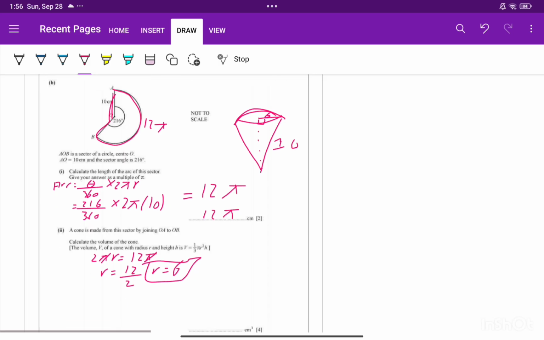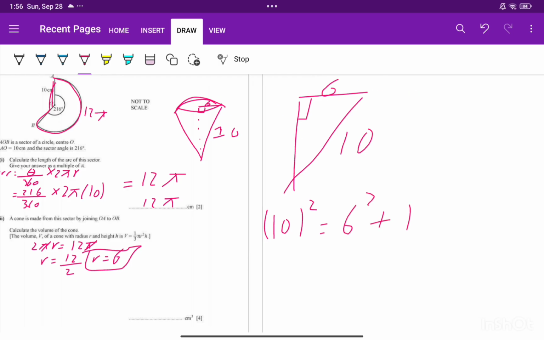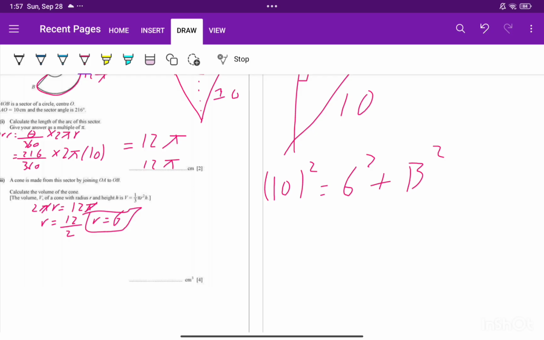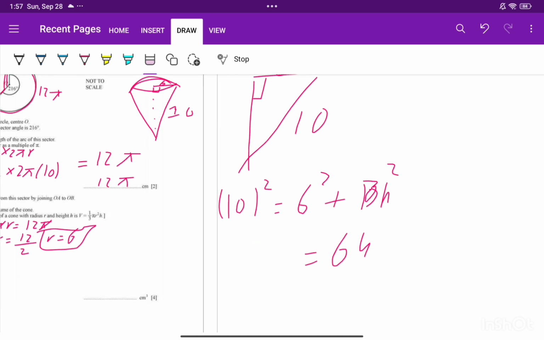So now we need to find height. So this is 6, this is 90 degrees, and 10. So 10 square equals 6 square plus h square. Answer will be 64. So this is height, okay. So height will be equal to 64. So not 64. Let me do this again and calculate it.